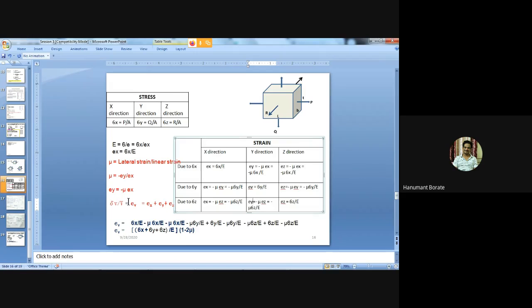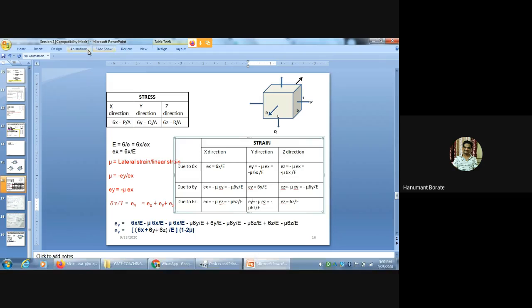Ev equals strain in the x direction plus strain in the y direction plus strain in the z direction. So here we have added all the strains, and finally we will get sigma x plus sigma y plus sigma z by E into 1 minus twice mu. This is known as the generalized Hooke's law.